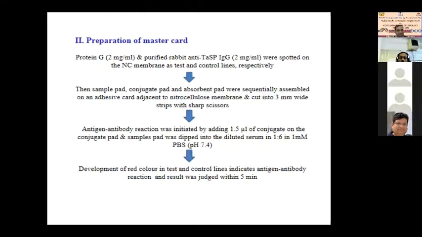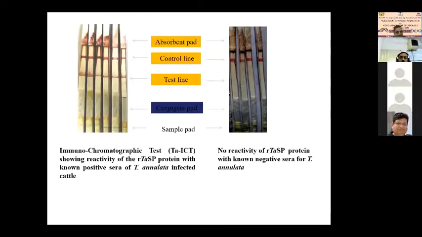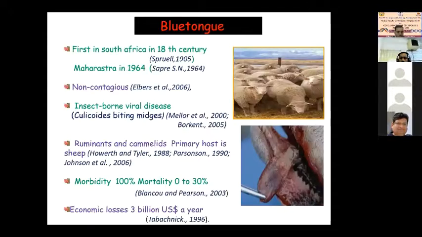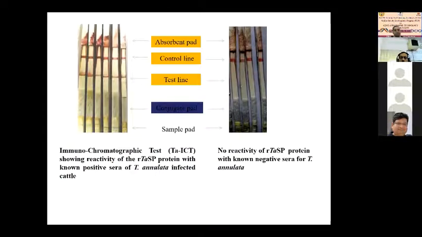This is the protocol for how we prepare the conjugate. In this case, it is a little hazy here. Next, go back. So it is a little hazy here, but you can see the intensity of the gold line is quite good.